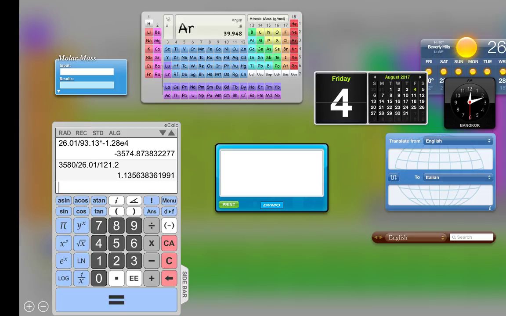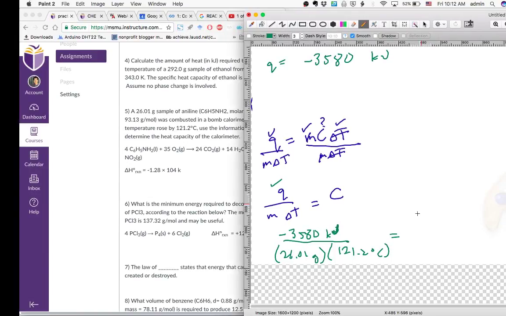But I'm going to change this to joules, and you'll see why in a moment. So that's going to be 1136 joules. So this is 1136 joules per gram per degree Celsius.